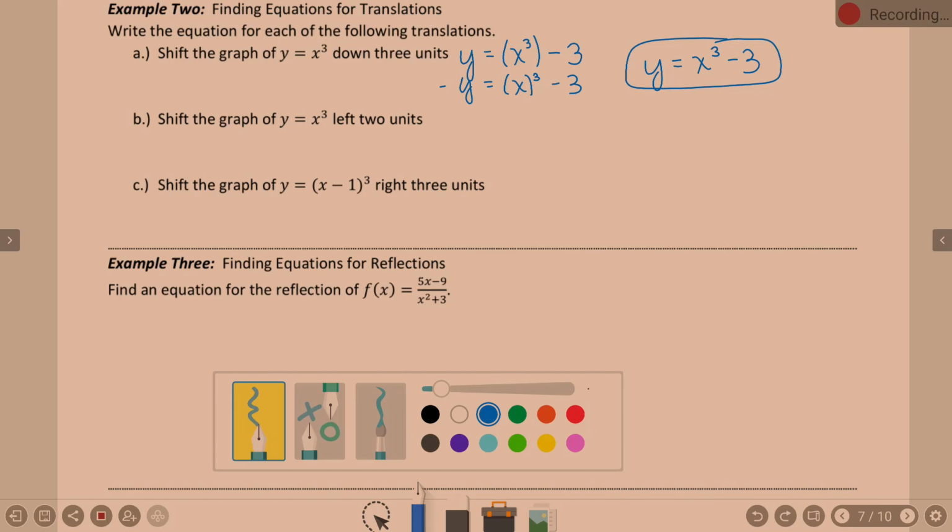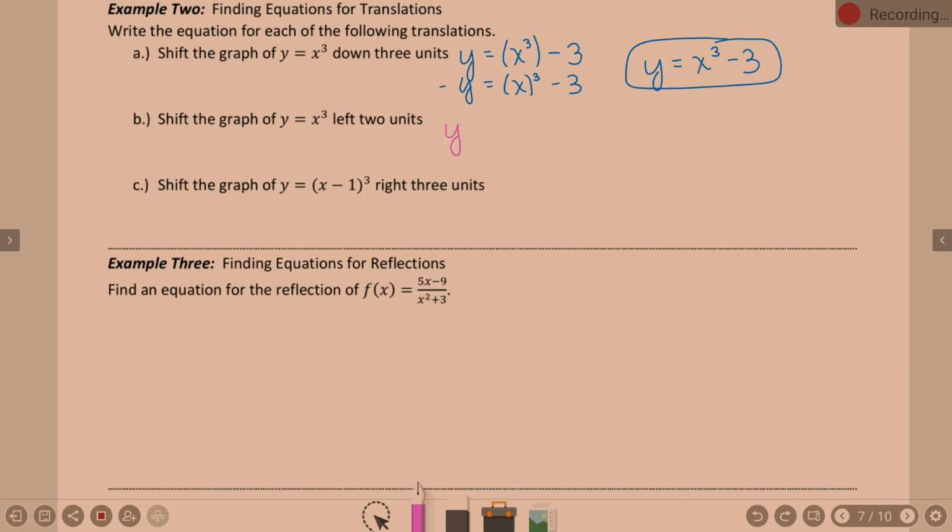B, shift the graph of y equals x cubed left 2 units. All right. Well, then we're just going to go y equals parenthesis x cubed, and then plus 2 in parentheses. Wait, hold on. Can I just write it? Say it again. Are we doing cube still? Left 2 units. Yeah. So then we're going to go plus 2.